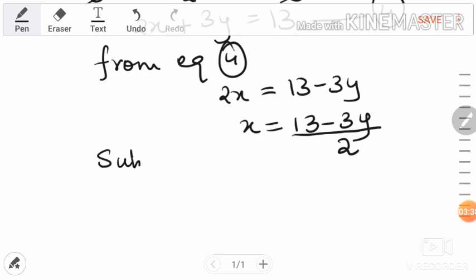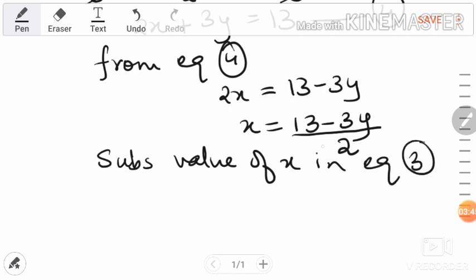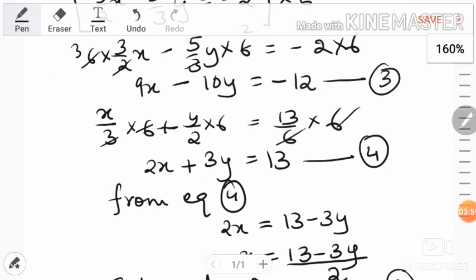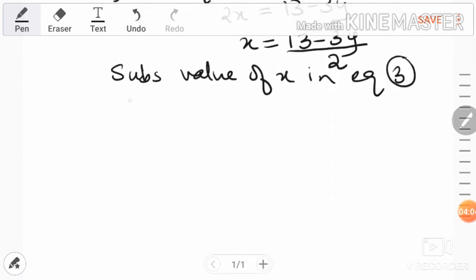Substituting value of x in equation 3, we used equation 4 to find x. So now we substitute value of x in equation 3, which is 9x minus 10y equal to minus 12.